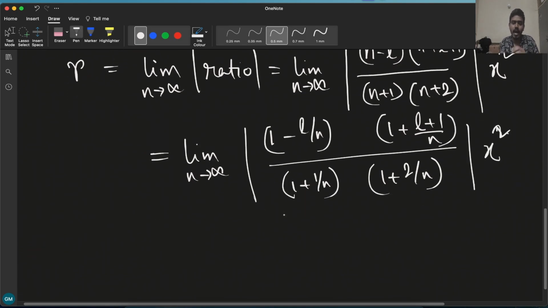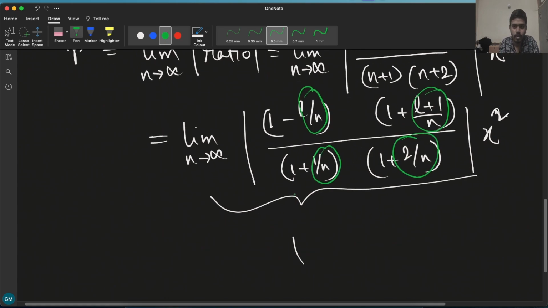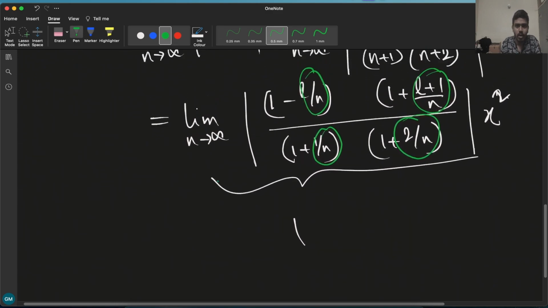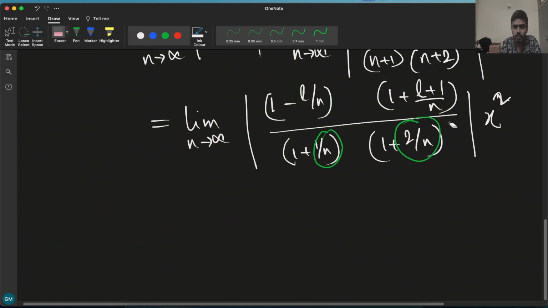As n tends to infinity, L by n tends to 0, and all these other terms also tend to 0, so the fraction goes to 1. So basically we have R equals x square.